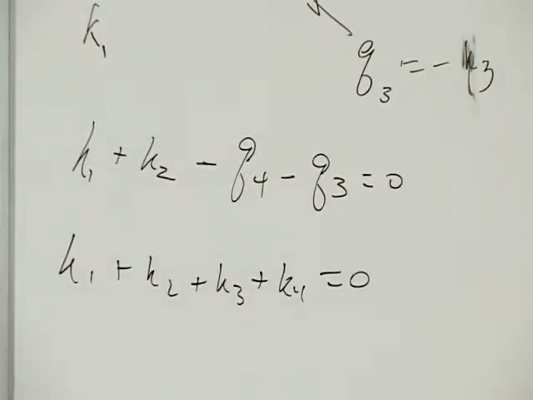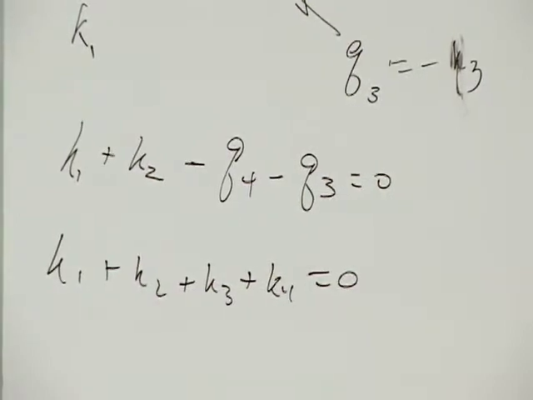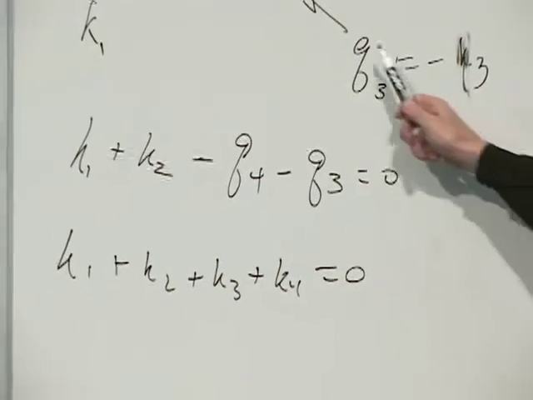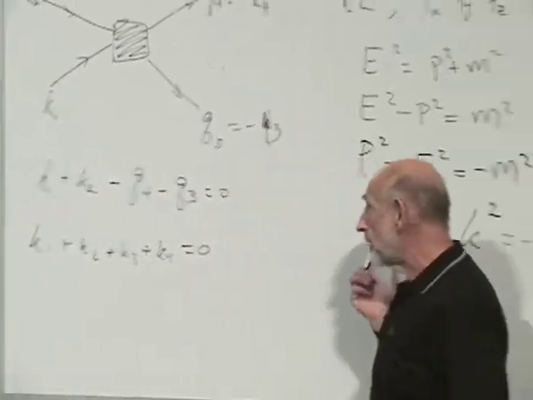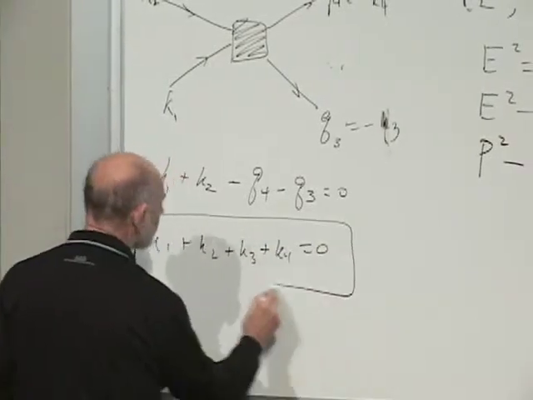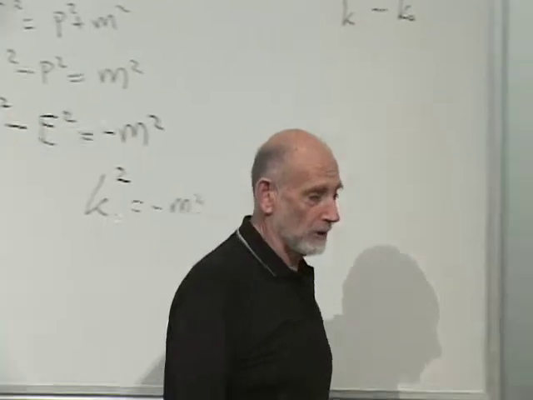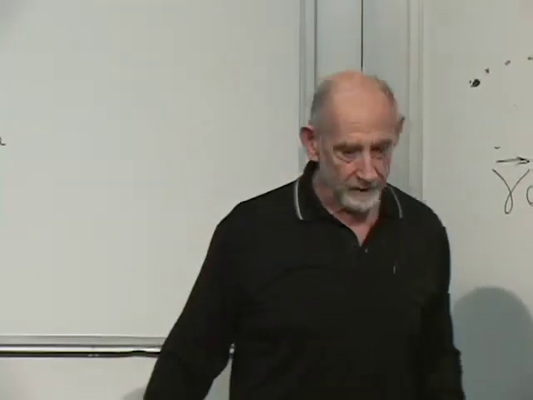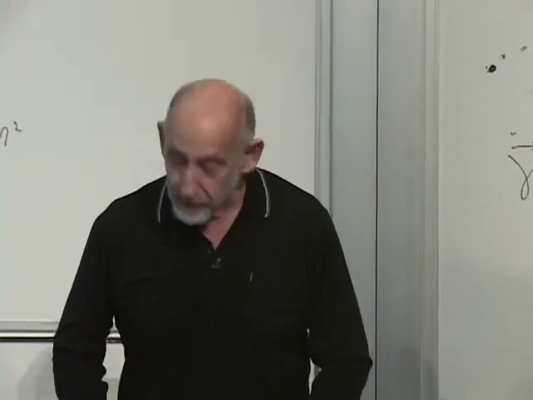You treat all particles as incoming, but you have to remember that the label for the outgoing particles is minus the actual momentum of the outgoing particle. Once you do so, momentum conservation is completely symmetric between the four particles. A useful trick.